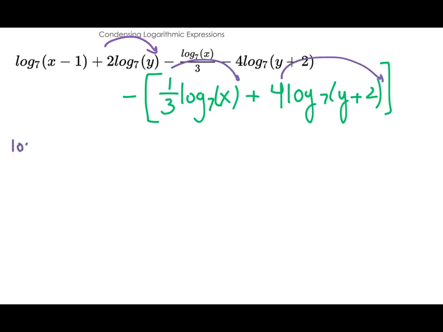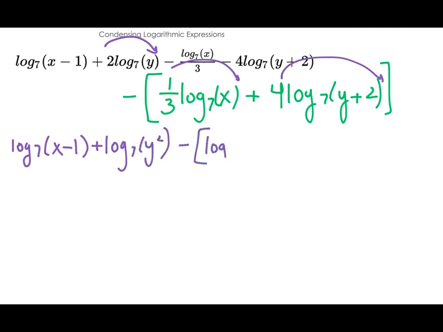I'm going to have log base 7 of x minus 1 plus log base 7 of y squared minus bracket log base 7 of x to the 1/3 plus log base 7 of y plus 2 to the power of 4.